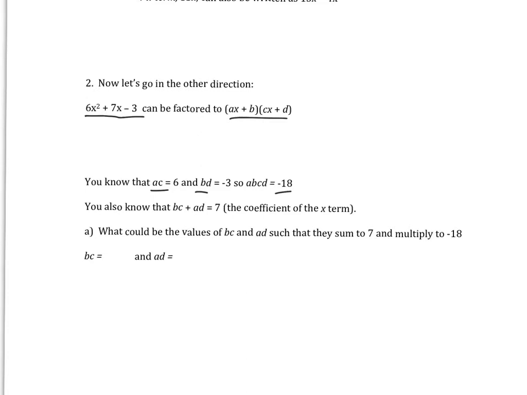So we need two numbers that multiply to negative 18 but add to positive 7. That means we're going to end up with 9 and negative 2. So we have bc equals 9 and ad equals negative 2.